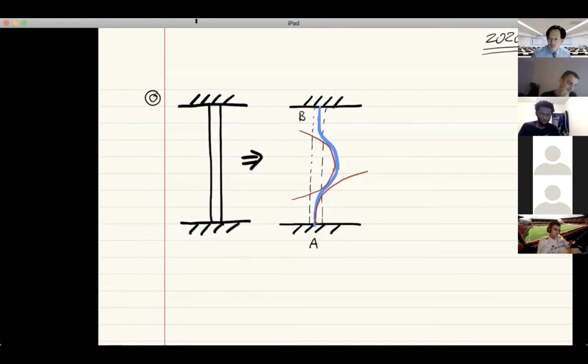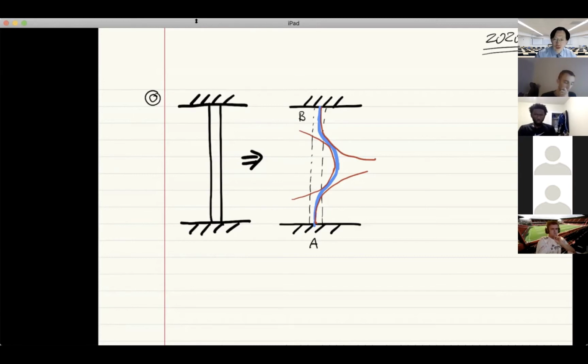That's another curvature, right? Which is second curvature. And the third curvature is when we move approaching to the support B. There's another curvature, which is like this. We have not defined which one is positive and which one is negative, but that doesn't matter. The point is you cannot ignore that there's a change of curvature.